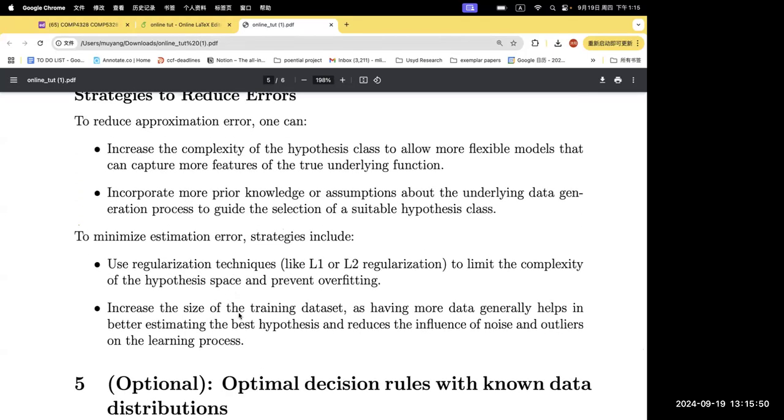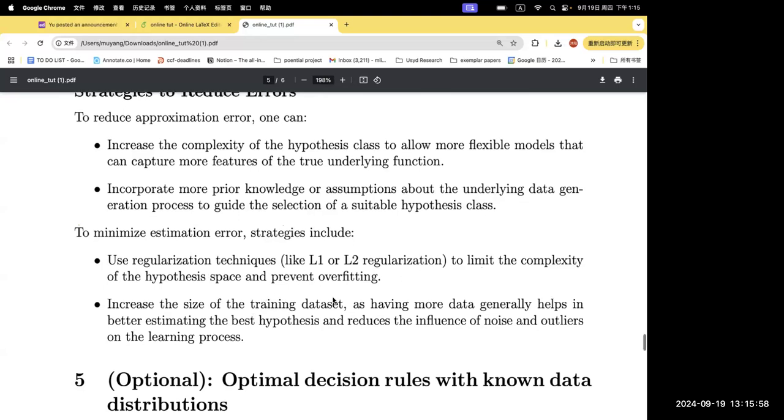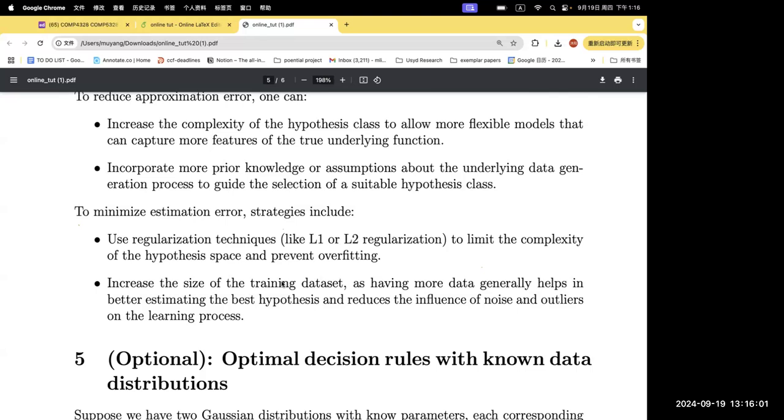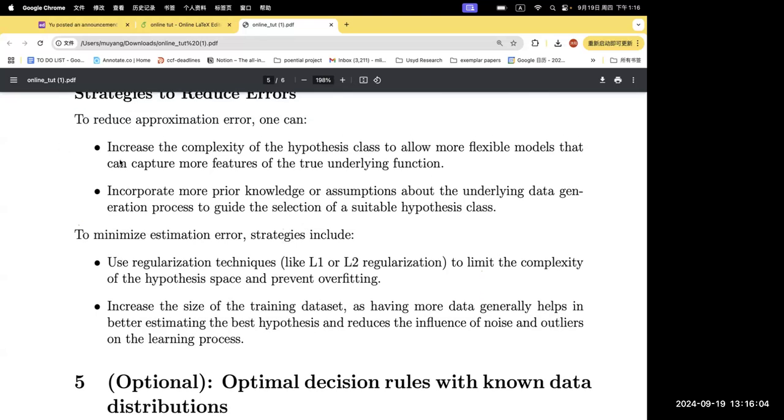Another way is that, as usual, we can increase the number of training data to better find the best hypothesis within the predefined hypothesis class, for the same reason as PAC learning. One thing we should highlight here is that increasing the number of training data will not help your approximation error, because your approximation error is determined once you have chosen the predefined hypothesis class. So it remains static during the process of fitting, the optimization, the learning. Increasing the number of data points will not help the approximation error.